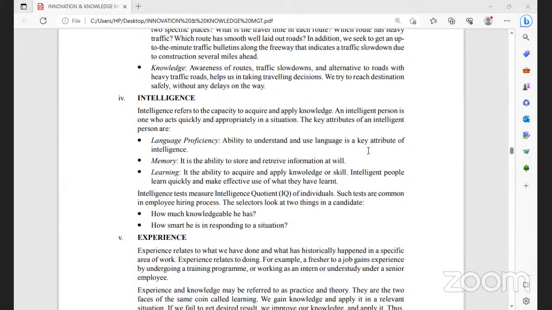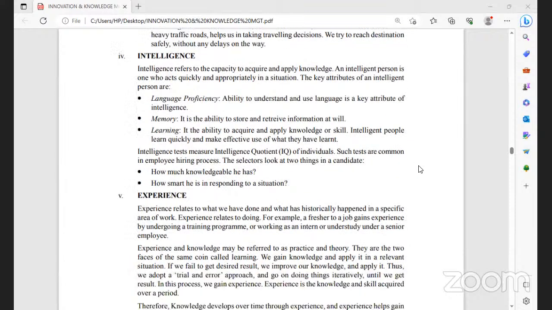Intelligence refers to the capacity to acquire and apply knowledge. An intelligent person is one who acts quickly and appropriately in a situation. The key attributes of an intelligent person are language proficiency, memory, and learning. Language proficiency means, for example, a person working in a semiconductor manufacturing programming language.